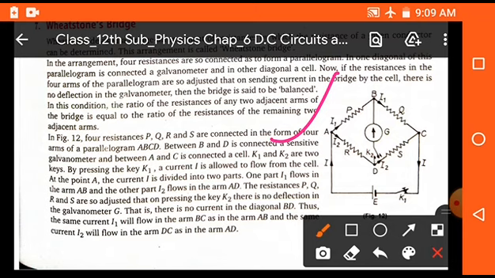Now, in the steady condition, or you can say in the balanced condition, if there is no current flowing in the galvanometer, then the needle of the galvanometer doesn't show any deflection. In this case, we can say that the Wheatstone bridge is in the balanced condition.